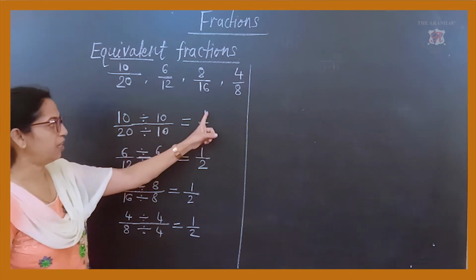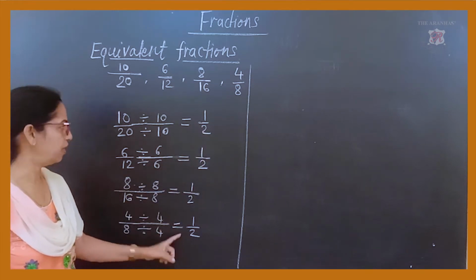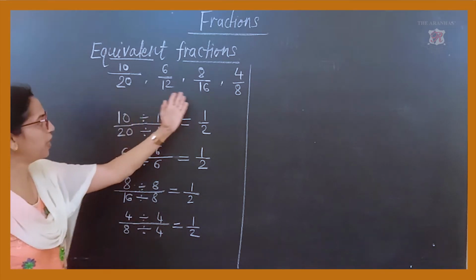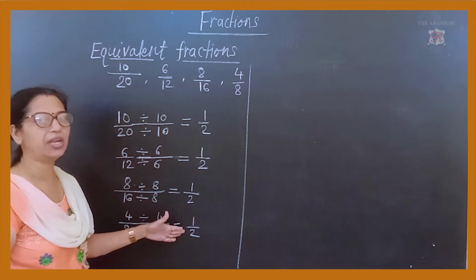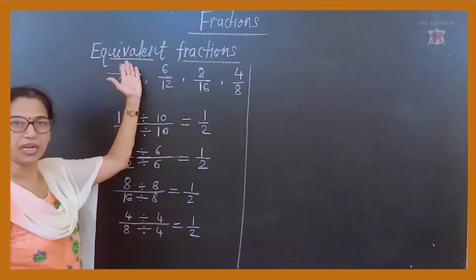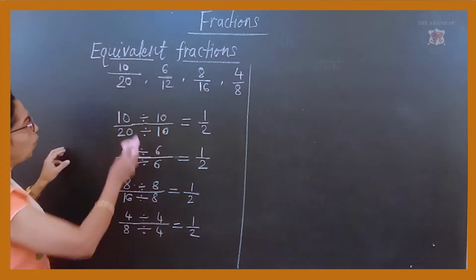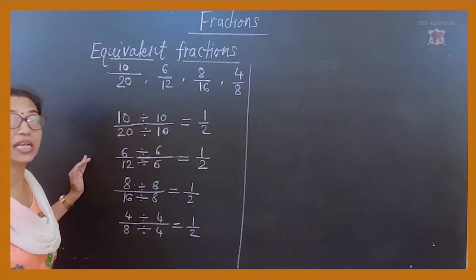Then we are getting 1 upon 2 as a fraction. As we see, these fractions on reducing give the same fraction, so we can say these all are equivalent fractions. Is it clear? Yes.